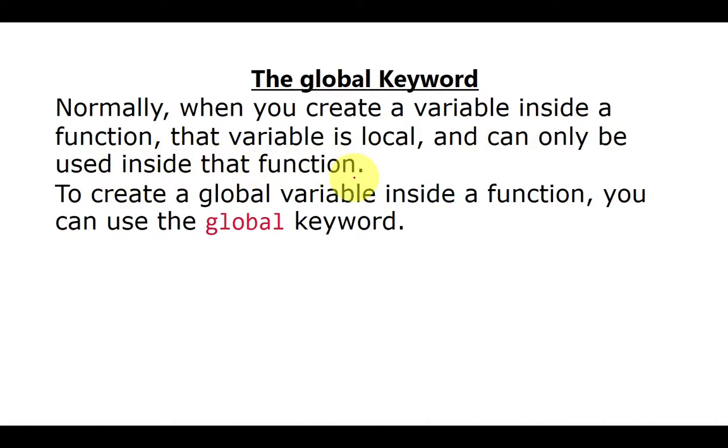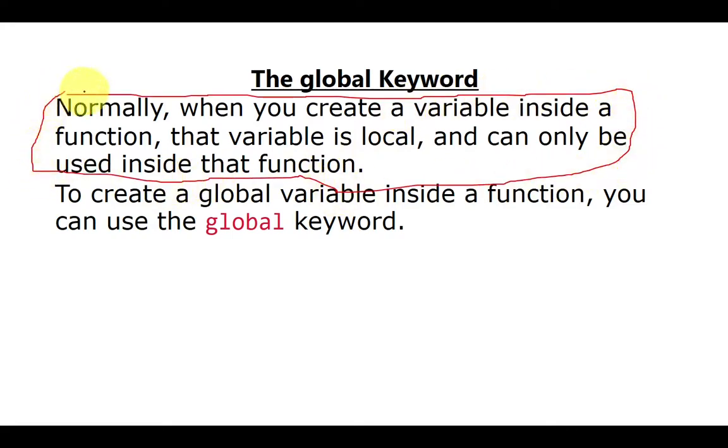To create a global variable inside a function, you can use the global keyword. So it says normally when you create a variable inside a function, that variable is local and can only be used inside that function.